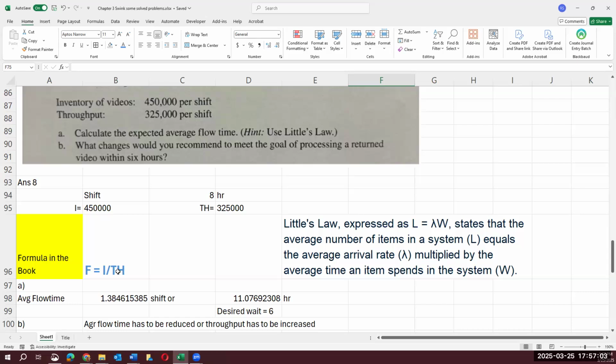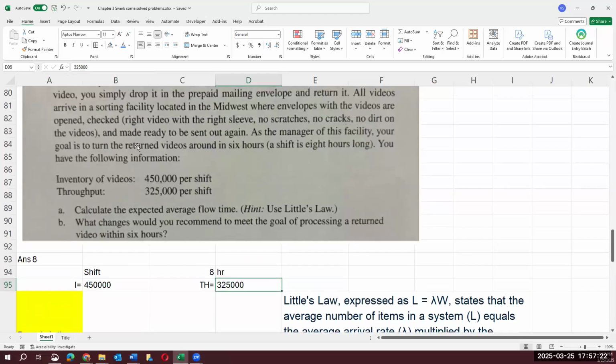In this example, the average inventory or number in system L is equal to 450,000. Throughput, you can process 325,000 DVDs. Basically, DVDs are coming into the sorting facility.